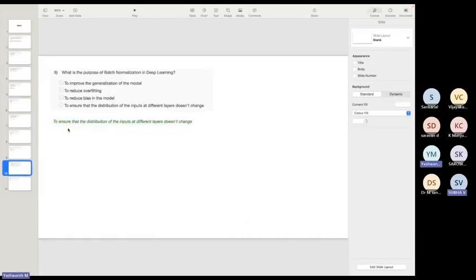Okay, and what's the purpose of batch normalization in deep learning? Any idea on this? I didn't discuss this just before we started Q&A.